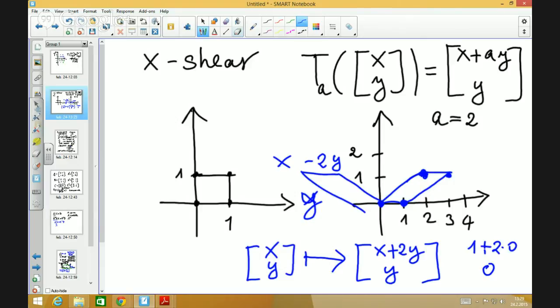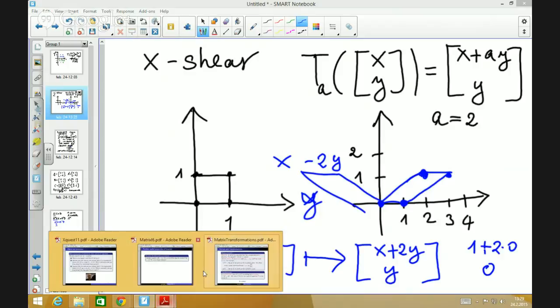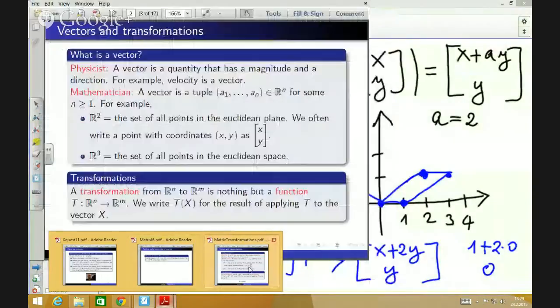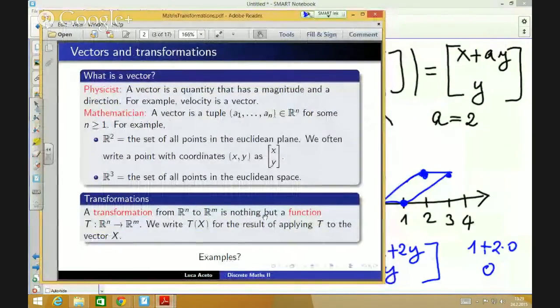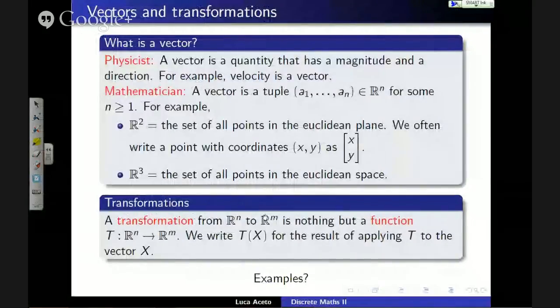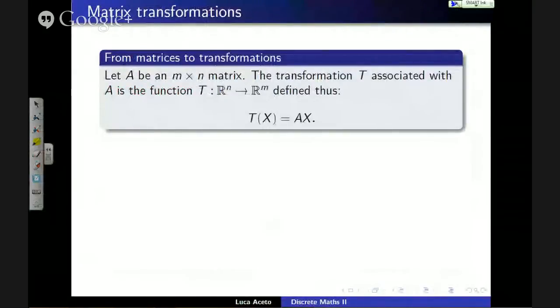Now, what do these functions have to do with matrices? Let's see. We will see right now that these functions have a lot to do with matrices. Let's define, first of all, a kind of transformation which is induced by a matrix.